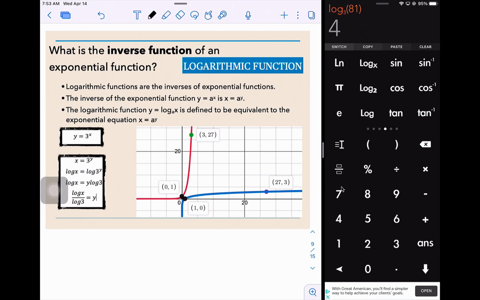I wanted you to see it. We're not going to spend a lot of time, we're not going to graph logarithmic functions. We graphed exponential ones because those are fairly realistic. There's a lot of real life type of things. I just wanted you to see the idea of the inverse between exponential and logarithmic functions on a graph. Okay? That's as far as I want to go with that.